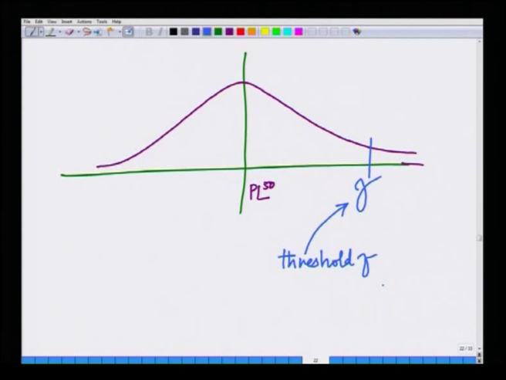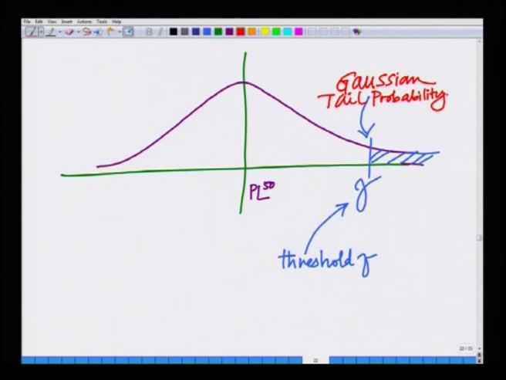The probability that the path loss is greater than this threshold gamma is nothing but the area under this curve, the Gaussian tail probability, which is given by the Gaussian Q function.